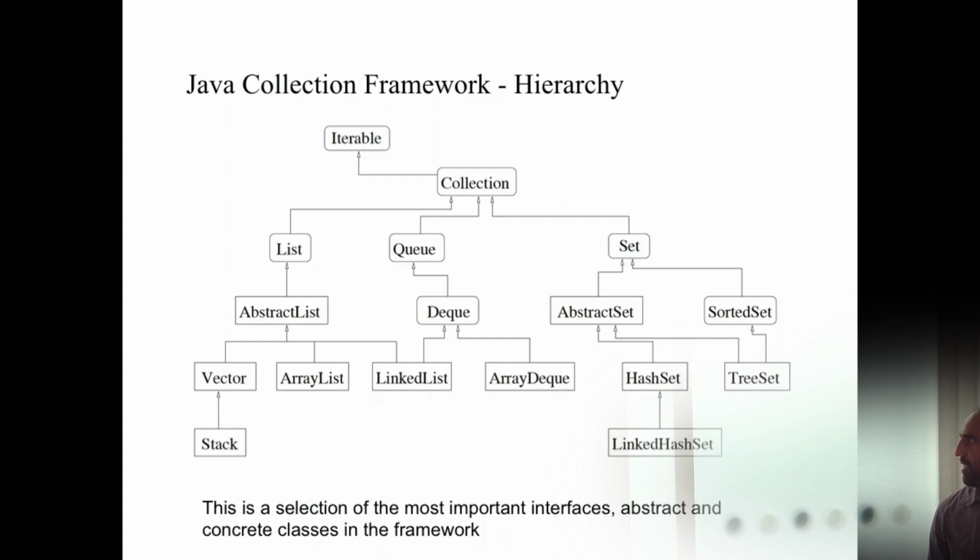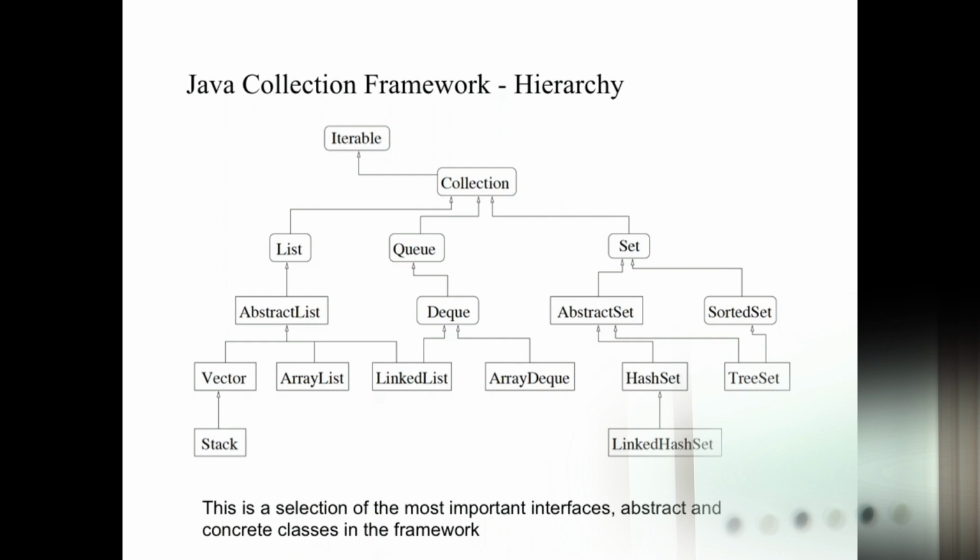So here are some of the key interfaces and classes in the Java collection framework API. If you see the hierarchy, at the top we have the Collection and the Iterable interfaces. That shows that these are the root interfaces in the Java collection framework.